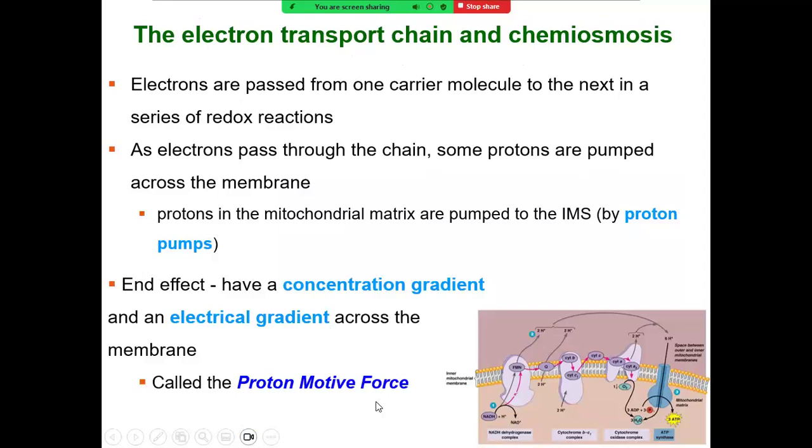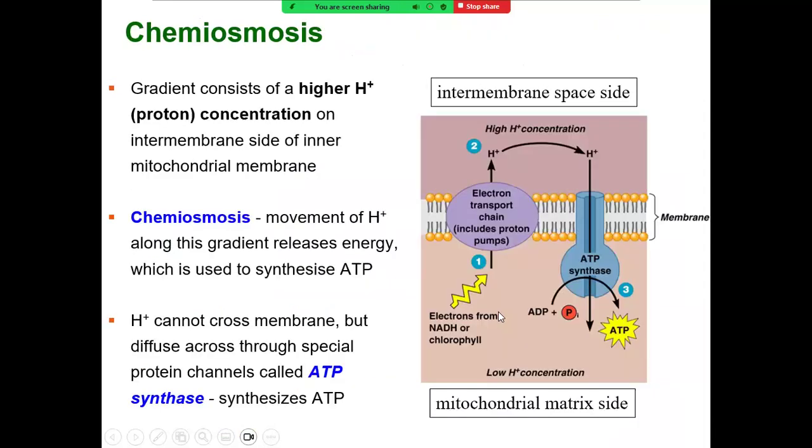The pumping of the proteins making the gradient of hydrogen ions is called the proton motive force. I won't quiz you on that, but your book does talk about it. And I did talk about the gradient of hydrogen ion. Chemiosmosis is the term for the movement of hydrogen ion from this side of the membrane to that side of the membrane, making ATP.